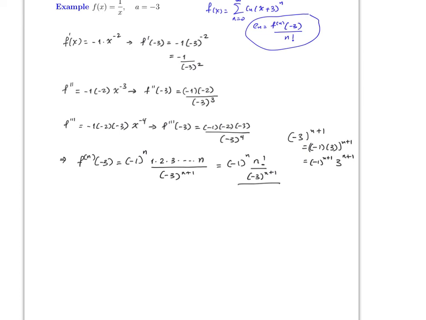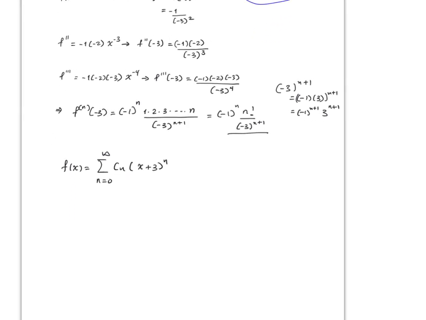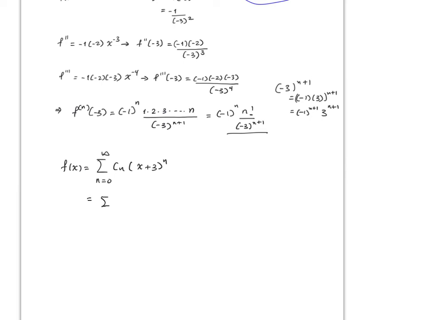So therefore, you can say that f of x is going to be equal to, remember, the sum from n equals 0 to infinity of c_n times (x minus a), which will be (x plus 3) to the n, where c_n is going to be the n-th derivative evaluated at minus 3, which is this part. Remember this.